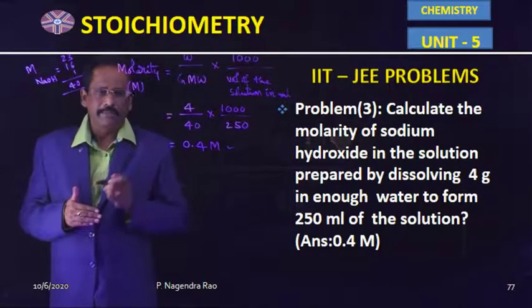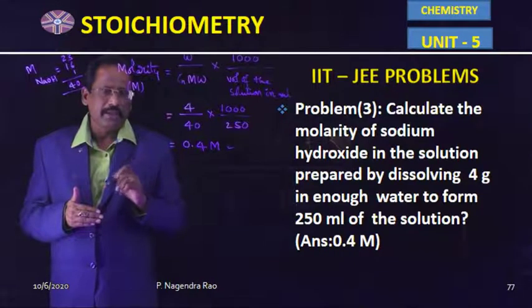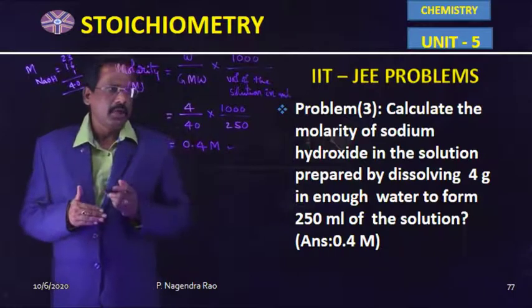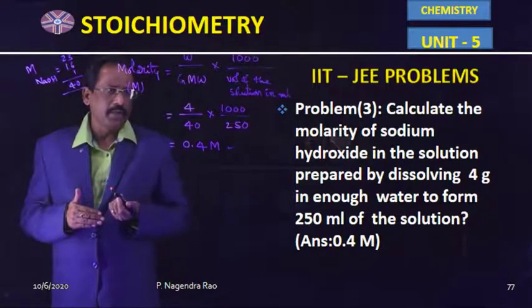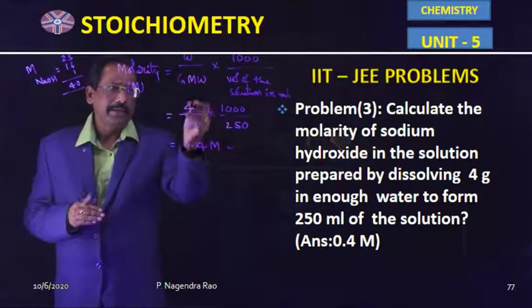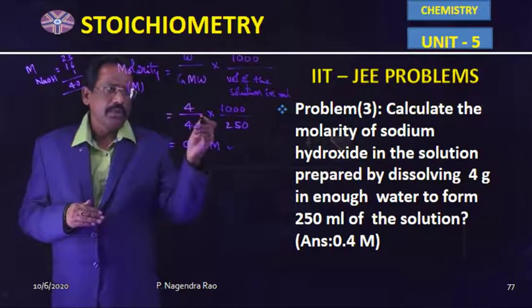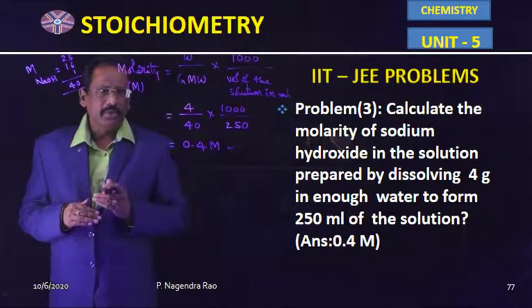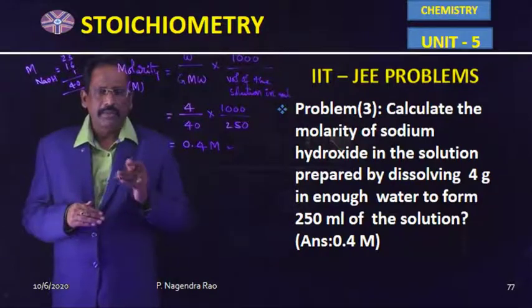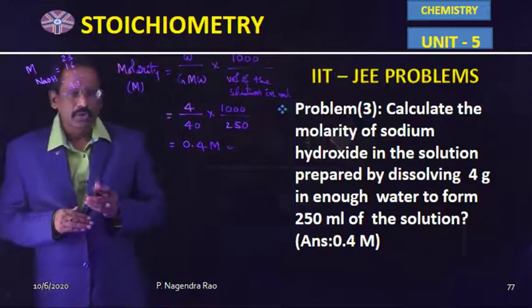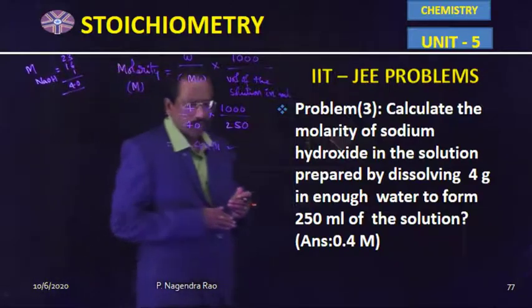Both are the same. Here the volume of the solution is expressed in milliliters, or cubic centimeters. That's why weight by molecular weight into 1000 by the volume of the solution in ml gives the molarity of the caustic soda solution.